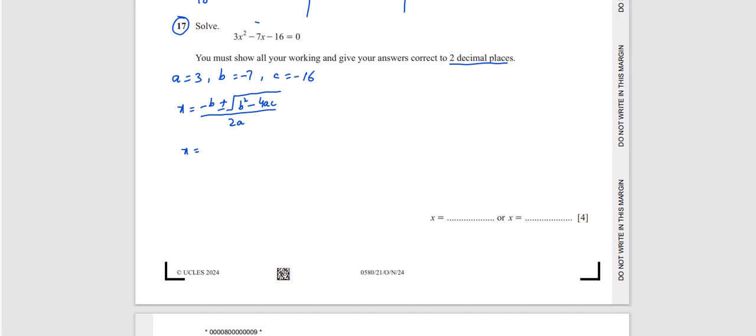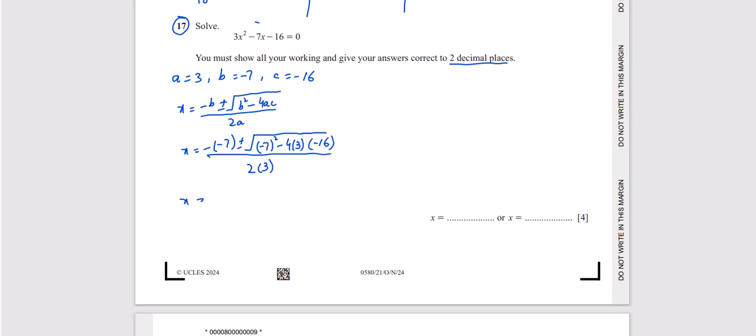So X is equal to minus, putting the values of B is minus 7 plus minus square root B is minus 7 square minus 4, A is 2 and C is minus 16 divided with 2, A is 2.